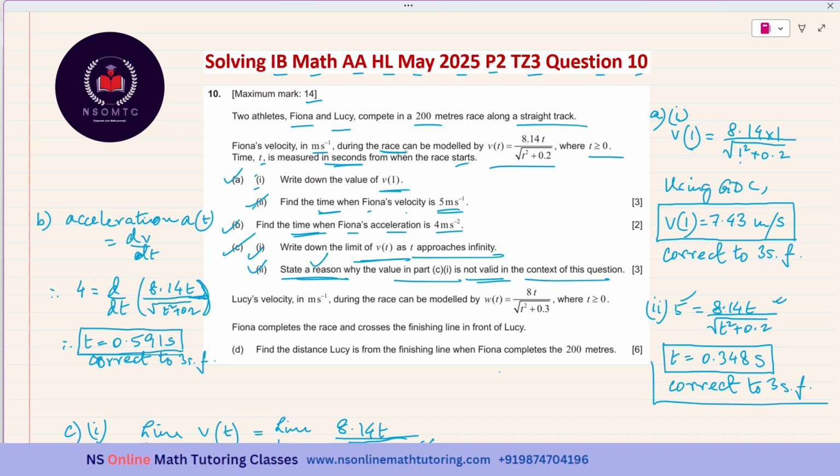Okay. So we can say that since it is a race, the time approaching infinity is not practical, not feasible.